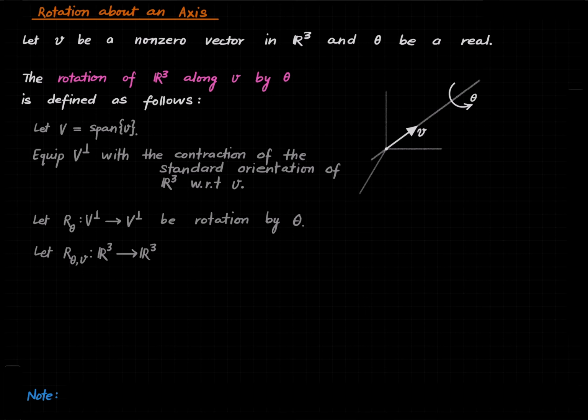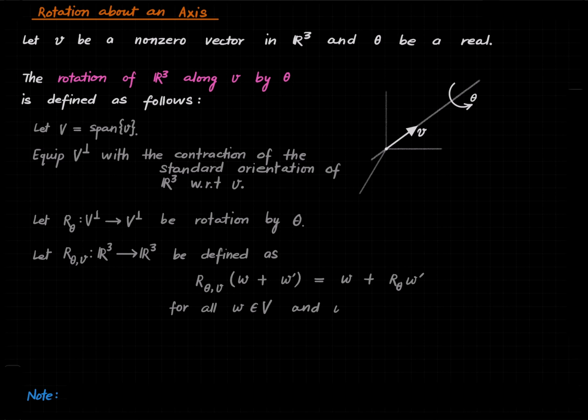This is defined as, the English may not be proper, R theta V of W plus W prime is equal to W plus R theta W prime, for all W in the space capital V, and W prime in V perp.